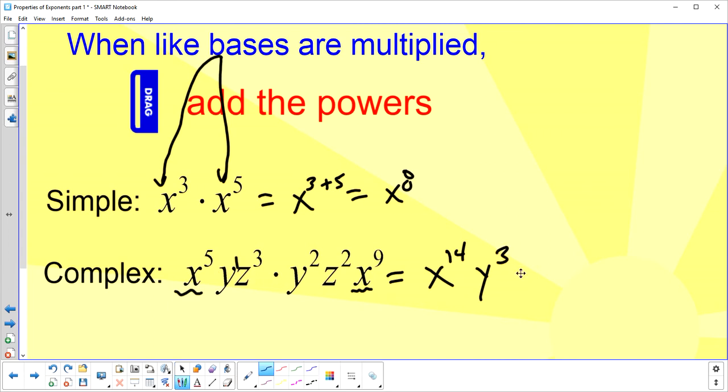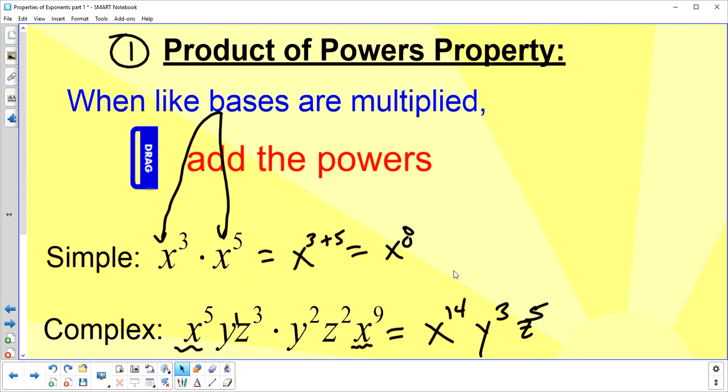So this would give us y to the 3rd, and then z, 3 and 2 should give us an exponent of 5. Okay, and typically when we write this in standard form, which just means your variables are in alphabetical order, we're going to start with x, then y, then z. Okay, that is your product of powers property.